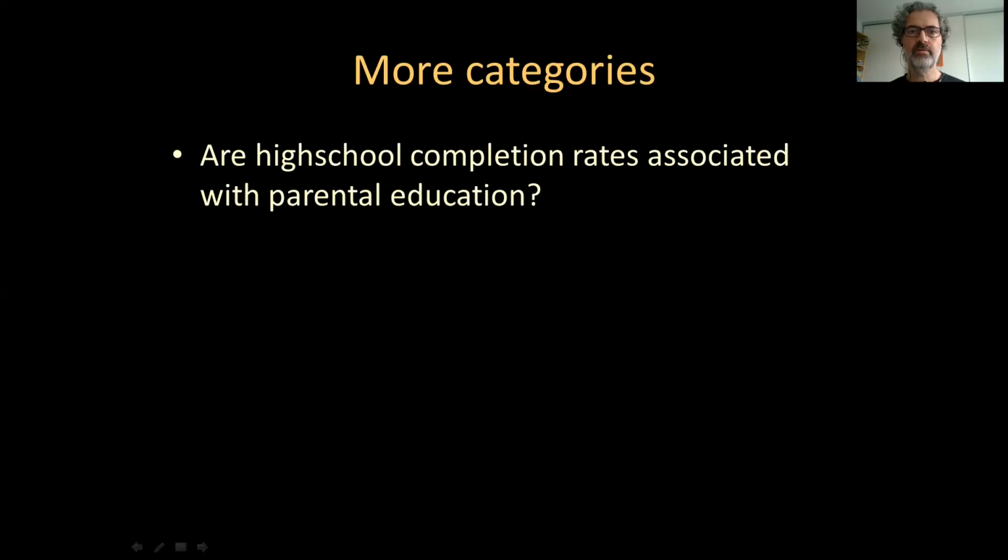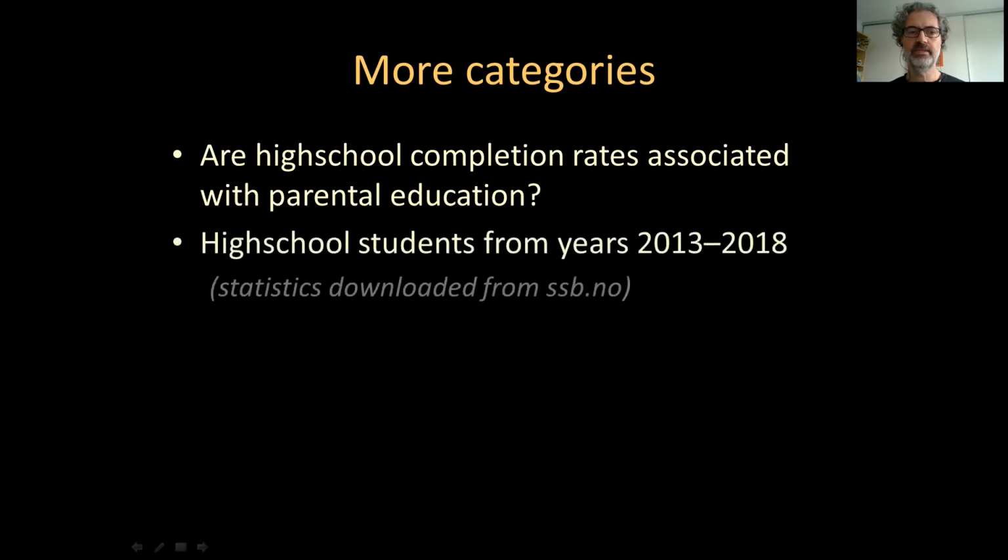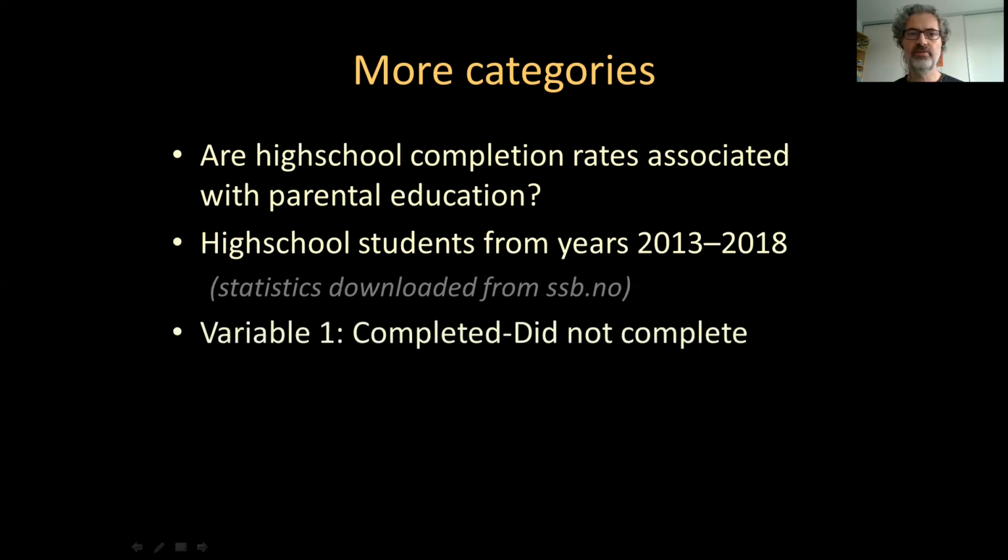Let us look at the question whether high school completion rates are associated with parental education. We will use data on high school students for the years 2013 to 2018 as downloaded from ssb.no, focusing on two variables. One variable will hold either a yes or a no, so completed high school versus did not complete high school.